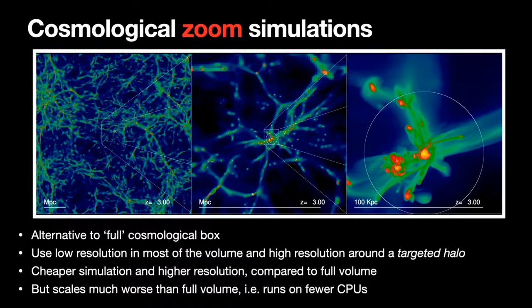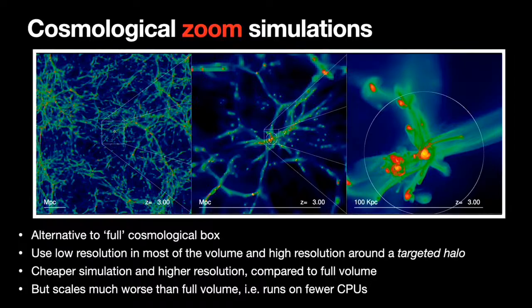You only allow adaptive refinement, or if you're running an SPH simulation, you have much more particles around that targeted halo. And then you can focus your resolution on this individual halo, but everything far away is very, very coarsely resolved.